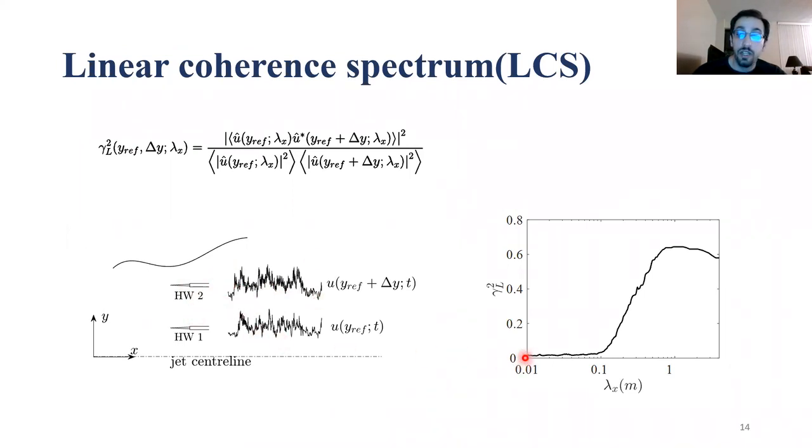So when we look at the coherence for relatively small wavelengths, the coherence is 0. And when we move to larger wavelengths, at some point the coherence picks up and increases until it reaches a wavelength where it flattens out. So this is a typical LCS in a turbulent flow.